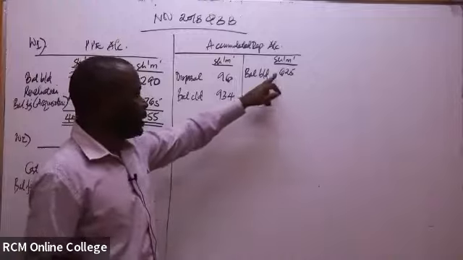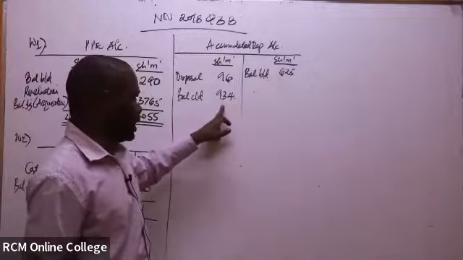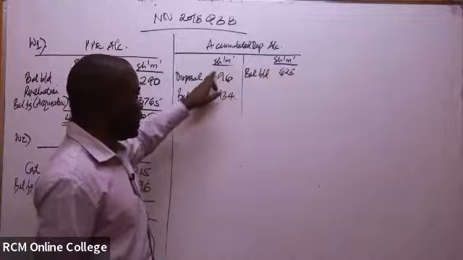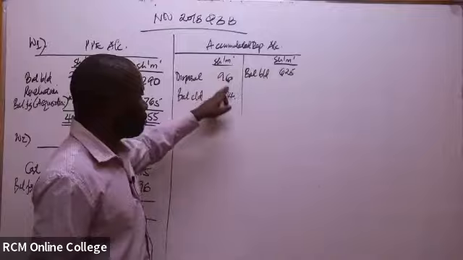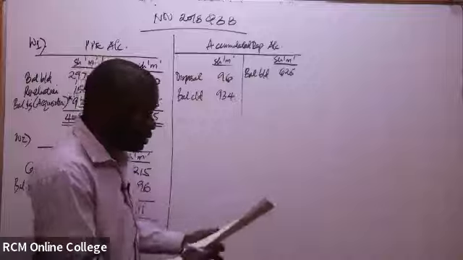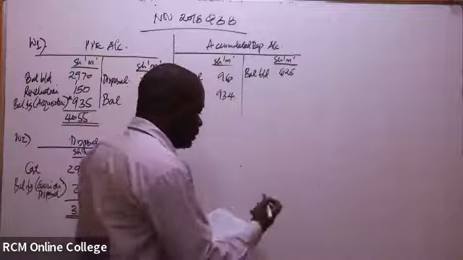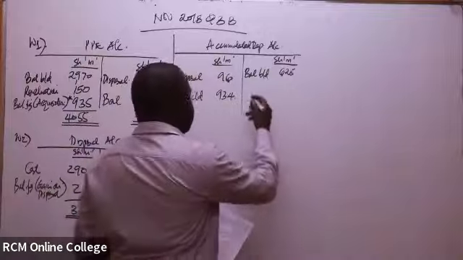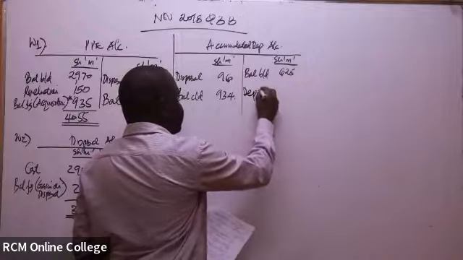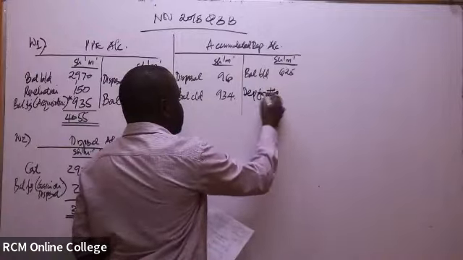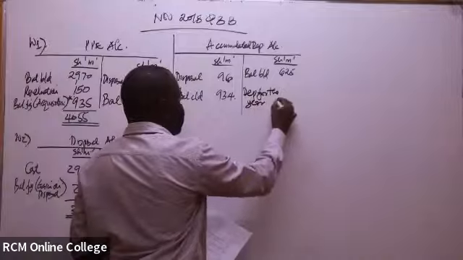We get the opening balance, the closing balance, and we remove any depreciation on any item that was disposed of. Then the balance we get is the depreciation for the year.